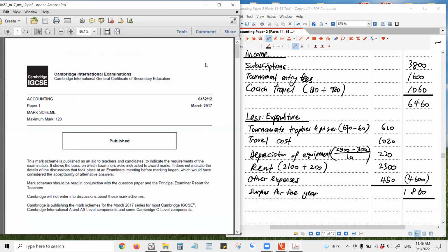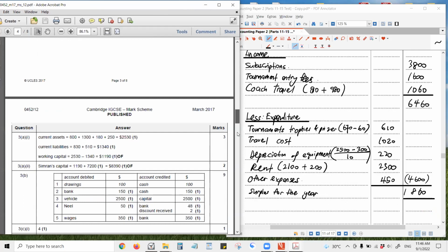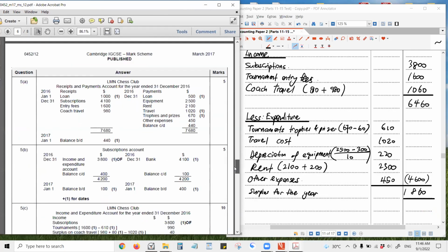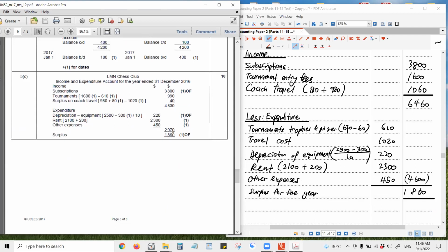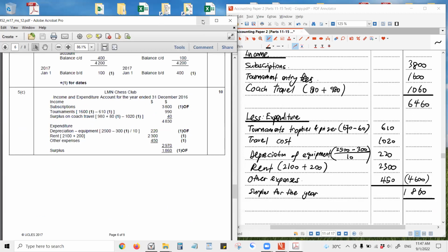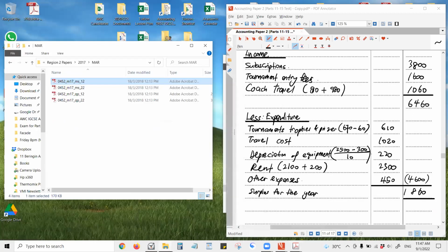Okay, let's see if it is 1860 surplus for the year. See, okay, 1860 surplus for the year. So our answer is correct, 1860. Okay, and then we look at other parts of the question.